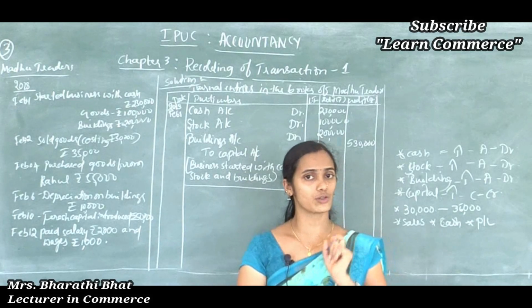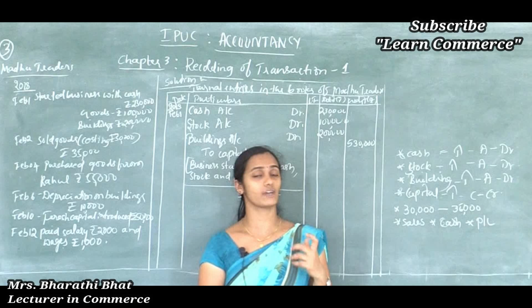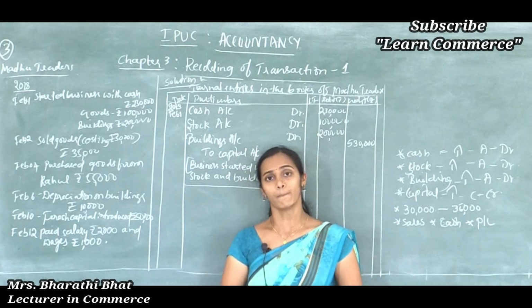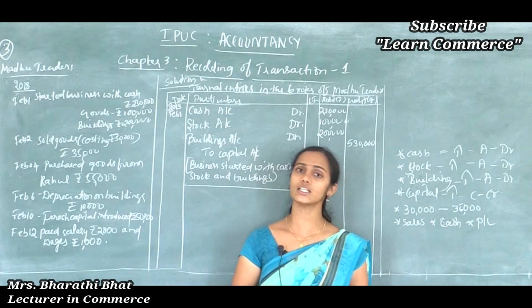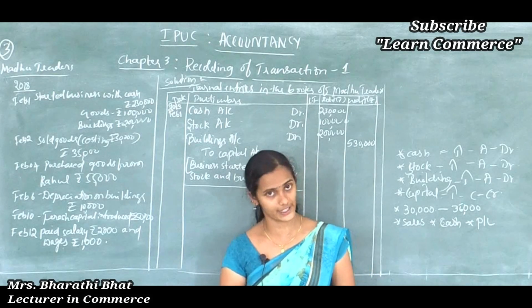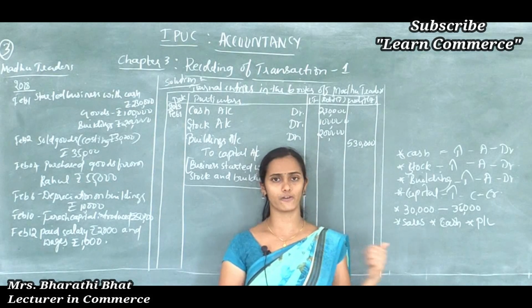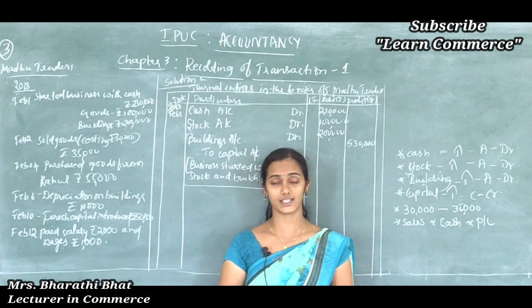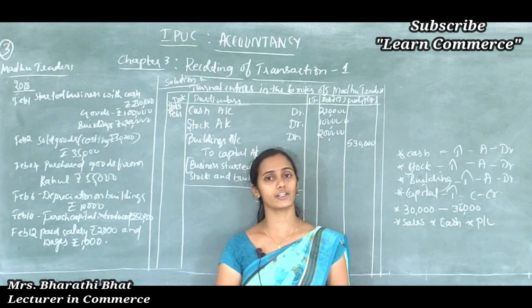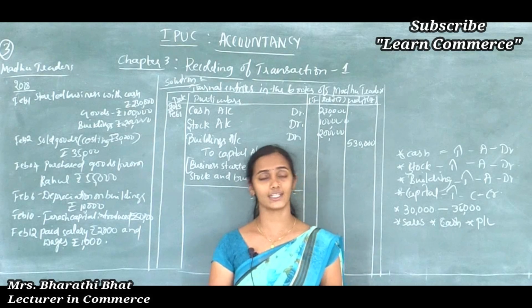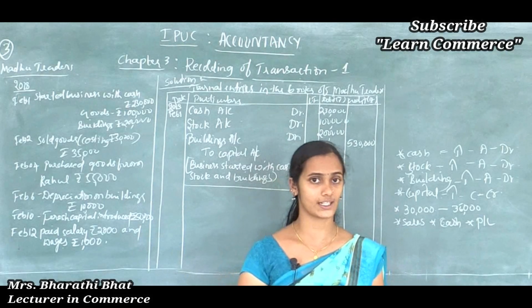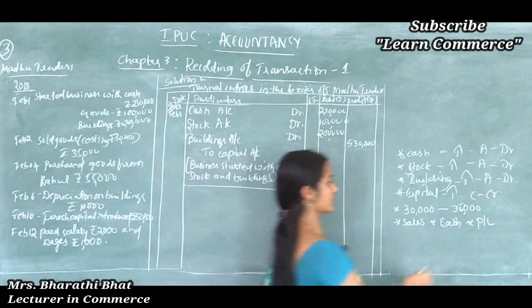So we need to apply the rule here, the one that relates to profit or loss, means revenues or gains. Increases in revenue is to be credited, decreases in revenue is to be debited. Correct? Profit is considered as revenue for the organization. Here revenue shows increased value.